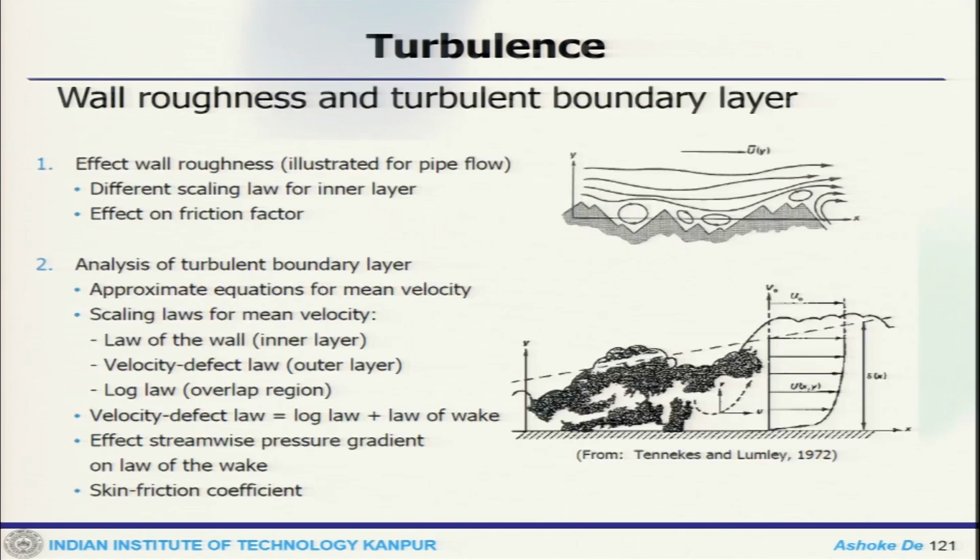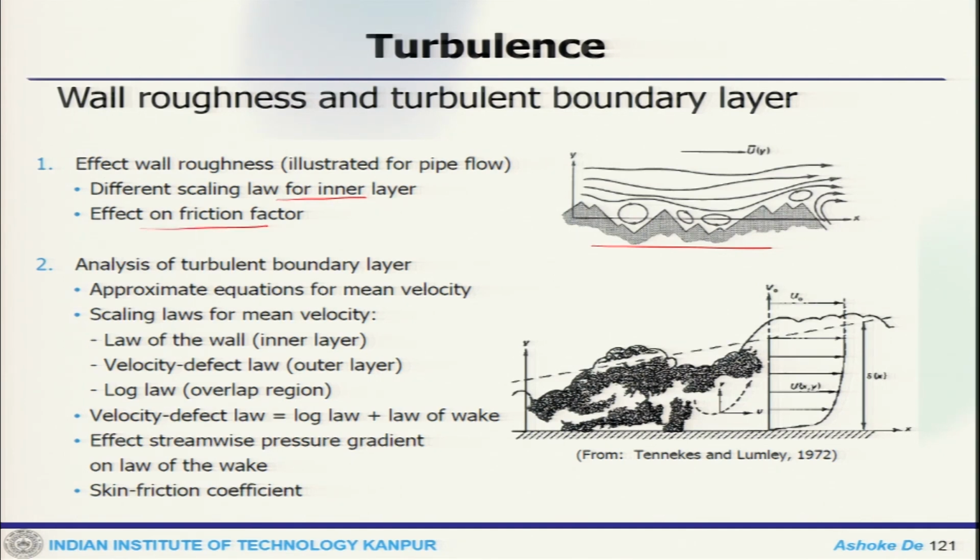Now, we will move to the next set of things, wall roughness on the turbulent boundary layer. What we are interested in is, if you have a boundary layer and there is roughness, what is the effect of wall roughness? There could be a different scaling law for the inner layer, and there would be a friction factor.